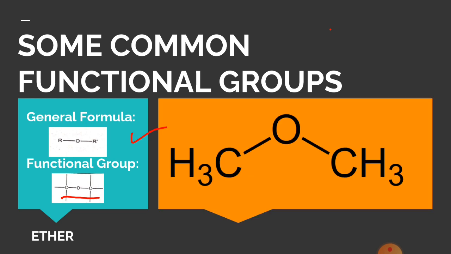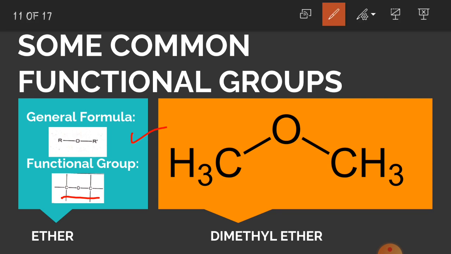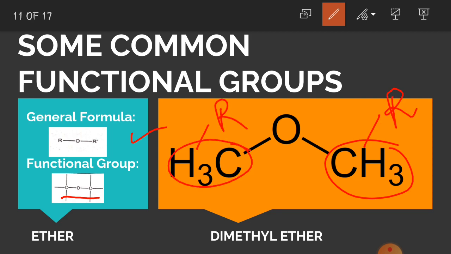An example of ether is dimethyl ether. In this example, CH3 represents an alkyl group, and between these two alkyl groups a single oxygen atom is present.